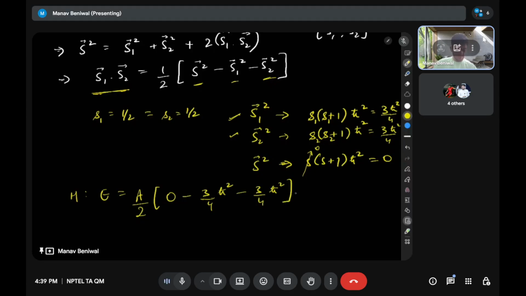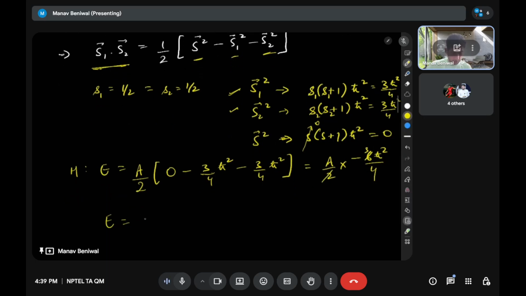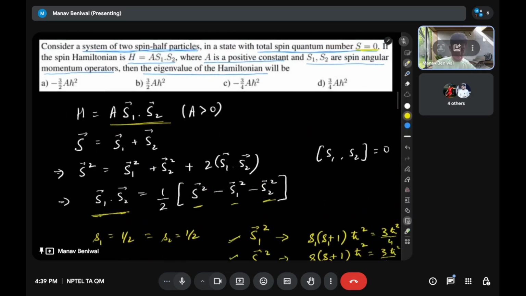So finally we will get A by 2 times minus 6 by 4, and so the 2 cancels out. So our energy will be minus 3A by 4 h cut squared, which means option C.